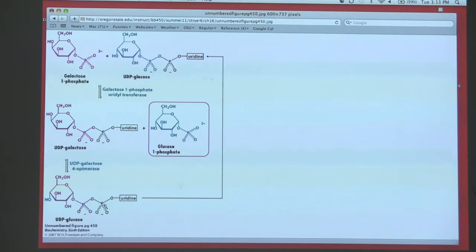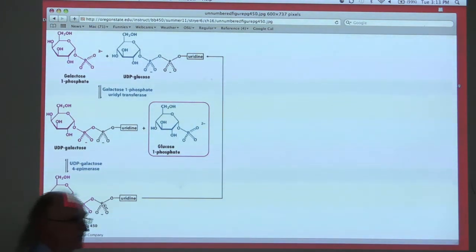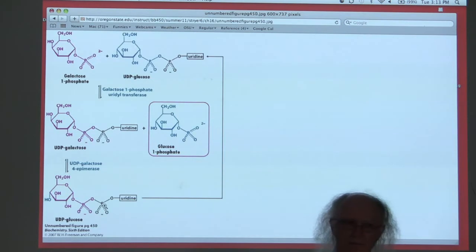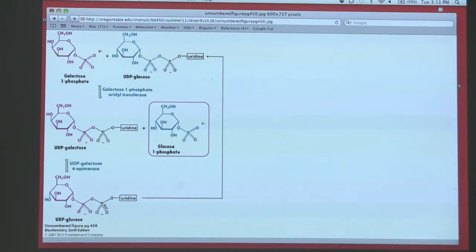Now, I usually have questions at this point, so I'll stop and take questions about what I've just told you. Does it make sense what's happening? So you said the UDP galactose goes to glucose and to glucose and phosphate?